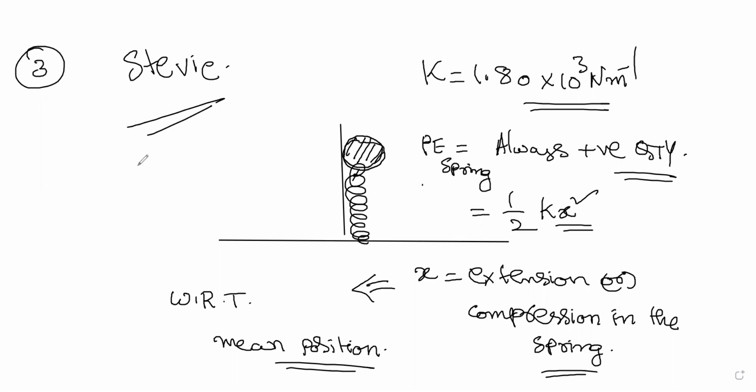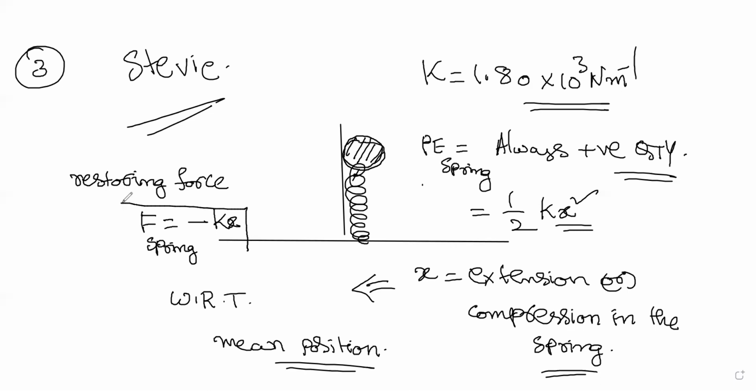And then there is something called restoring force. When you compress or stretch the spring, it will try to come back to its original position. So spring force is given by minus kx, where k is called the force constant.